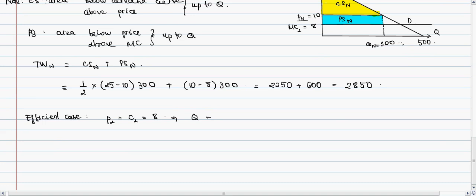Using the demand function, you get Q equal to 500 minus 20 multiplied by P, and P is equal to 8. So by charging the price equal to 8, the firm will be able to sell 340 units to the market. Okay, and that is going to be the quantity in the market.